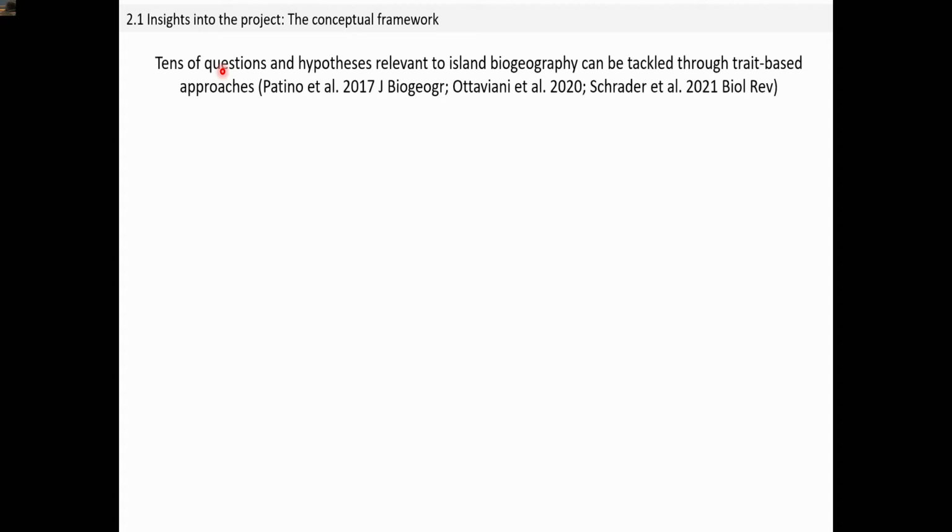Patino identified 50 questions which are the most pressing 50 years since the formulation of the theory of island biogeography. And we have identified that about 35 out of those can be tackled by implementing trait-based approaches. So by analyzing traits, we can try to answer some questions relevant for island biogeography.